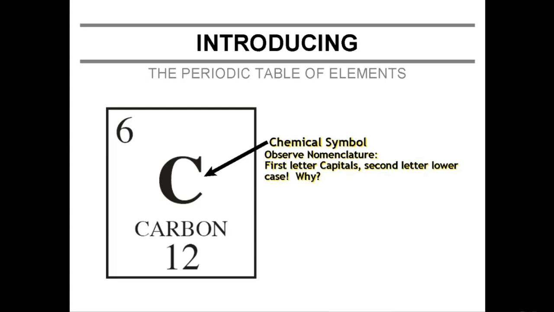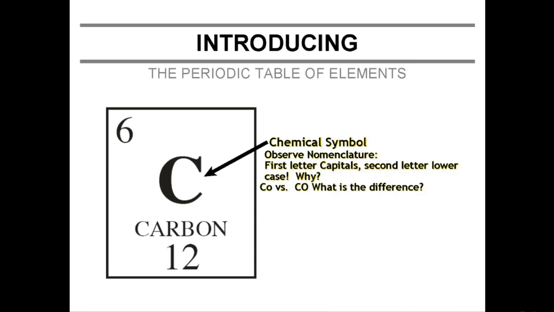You need to observe the nomenclature a little bit. The first letter of the chemical symbol is a capital. The second letter is lowercase, and there is a reason for this, because capital C with a lowercase o or capital C with a capital O are two totally different things.